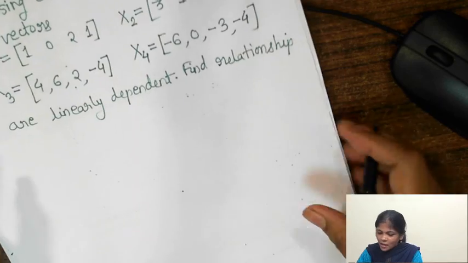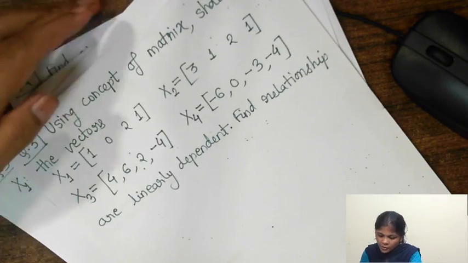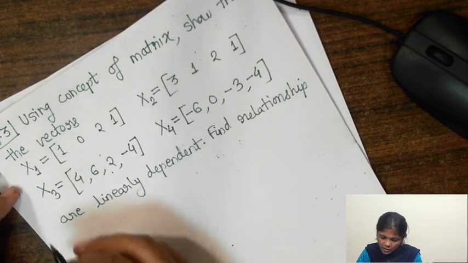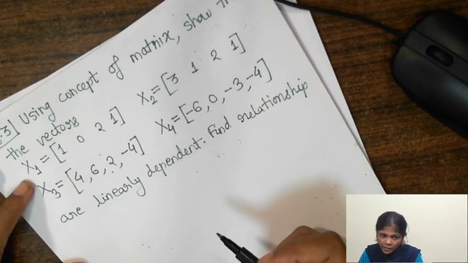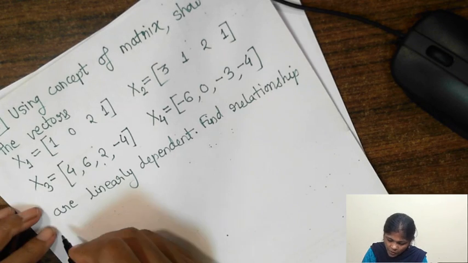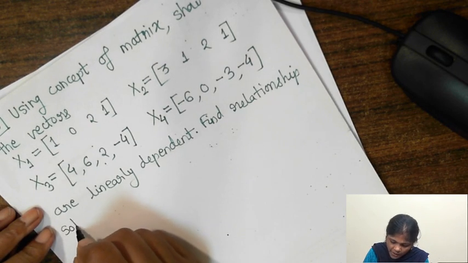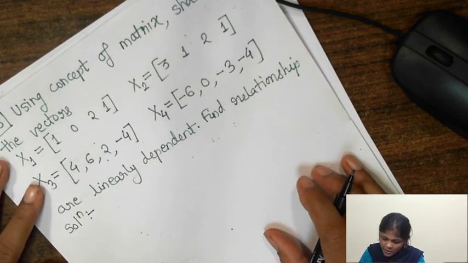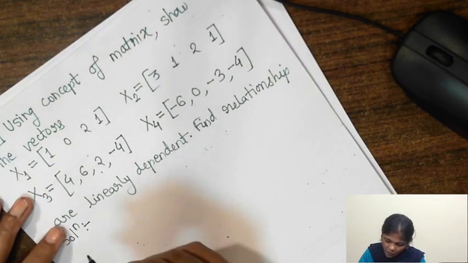The third example: using the concept of matrix, show that these vectors are linearly dependent and find the relationship. This is an example of checking the linear dependency or independency of vectors.